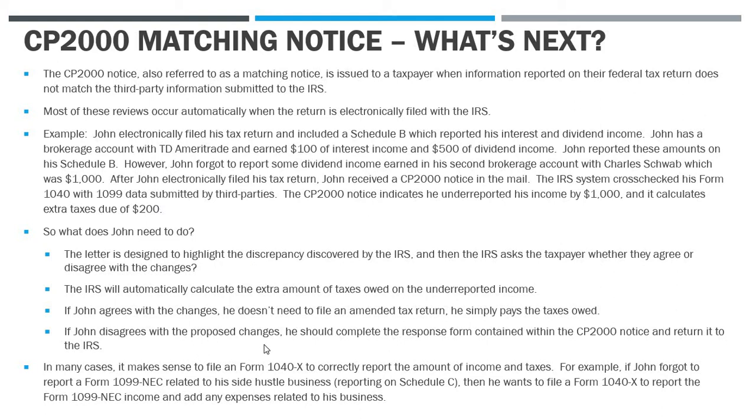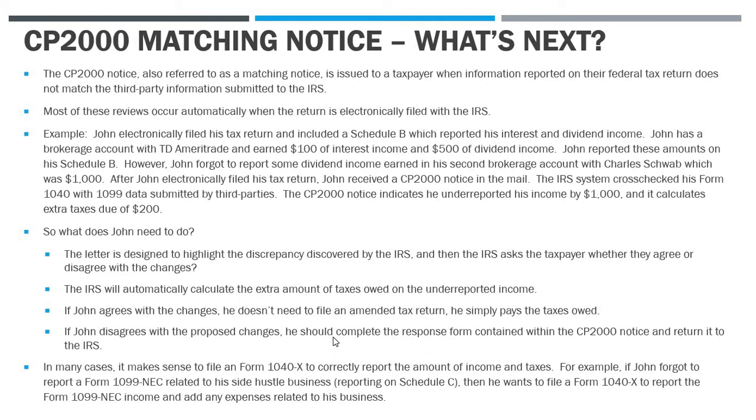Now, if John disagrees with the proposed changes, he should complete the response form that's within the CP2000 notice, a couple pages into it, and then return that to the IRS. And that does happen quite often. So the IRS system sometimes just messes up. It sometimes duplicates information.